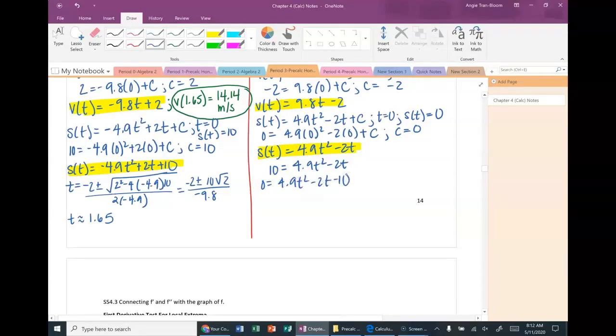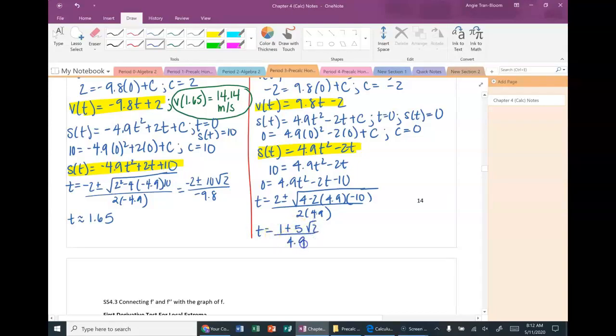Again, use your quadratic formula. So t equals -b, which is 2 plus or minus square root b squared, which is going to be -2 quantity squared. So 4 minus 4 times a, which is 4.9, times c, which is -10, all over 2 times 4.9. All the numbers are exactly the same. For this one, I'm going to simplify that down to 1 plus 5 rad 2 all over 4.9.